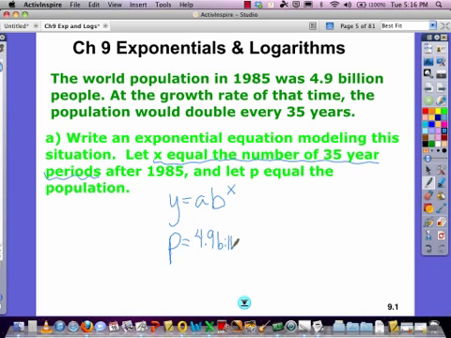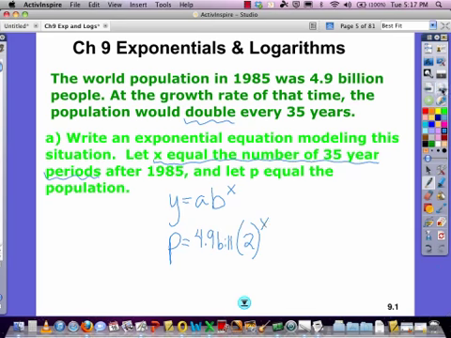And then our growth factor said it would double, and a doubling means a 2. Every 35 years, so there's our exponent to the power of x. Remembering x is a 35-year period. So 4.9, unless you wanted to write it out with all the zeros, billion times 2 to the power of x. That would be the exponential equation that models this.